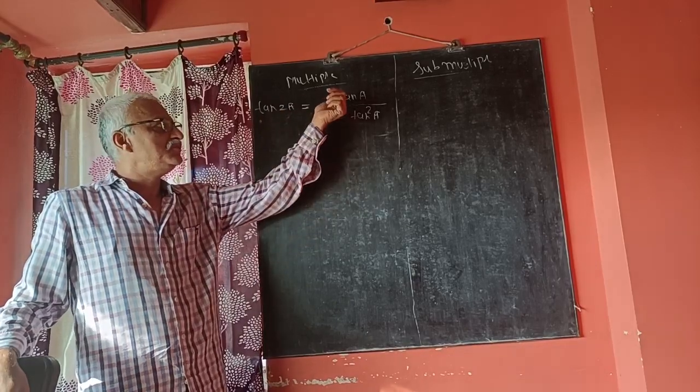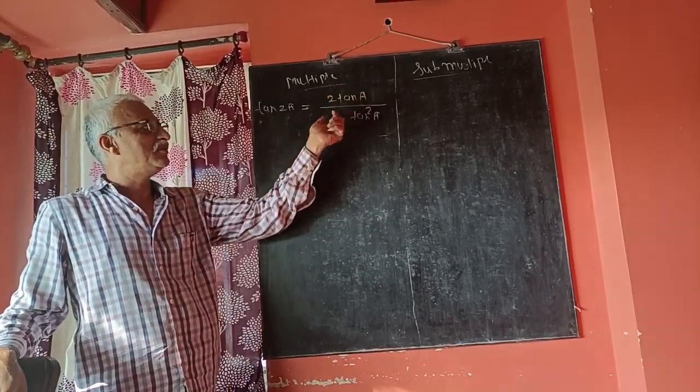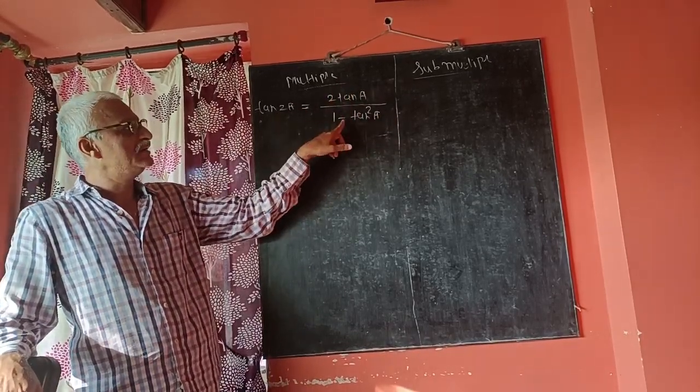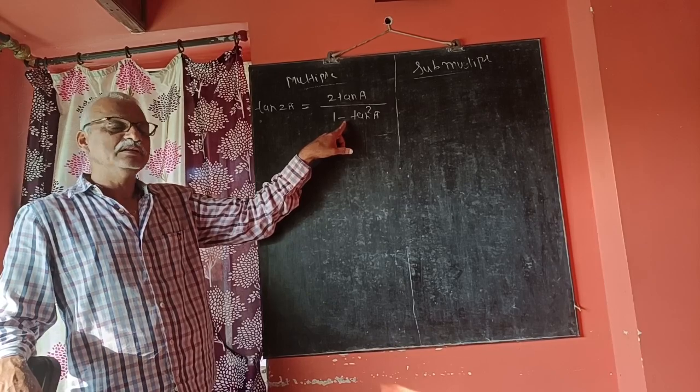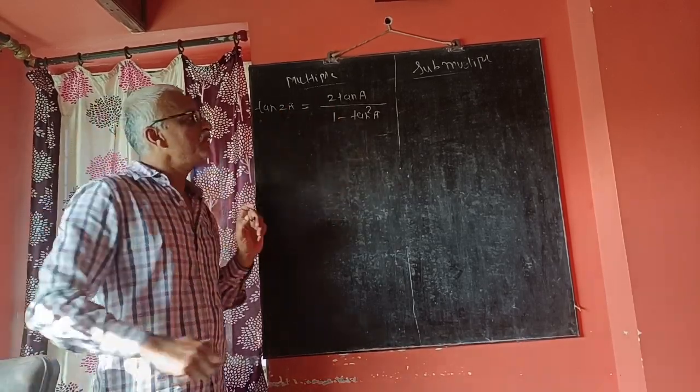Sin 2A was 2 tan A divided by 1 plus tan square A. This is 2 tan A upon 1 minus tan square A. The only difference between sin 2A and tan 2A is that in the case of sin it was plus, and in tan it is minus.